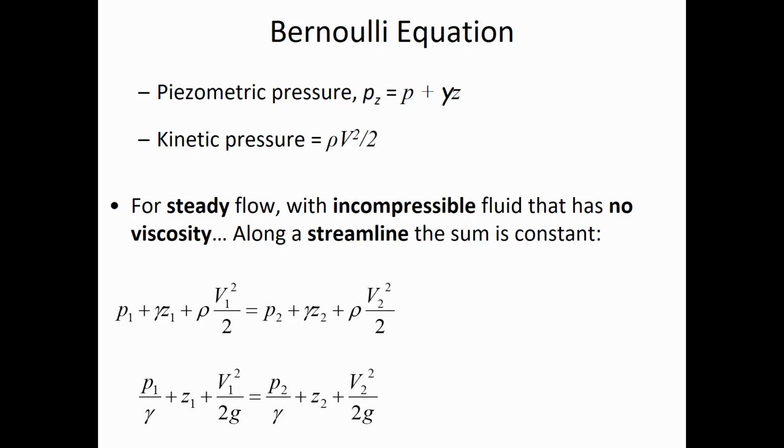So pressure divided by gamma is pressure head. Gamma z divided by gamma just leaves us with z. This velocity term in the kinetic pressure, if you divide that by gamma, then we have density divided by gamma, which is where the g comes from in the denominator. And of course, the velocity squared stays. So between the 2 points, there's conservation in these 3 terms.